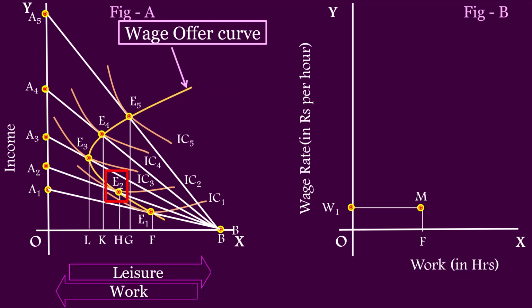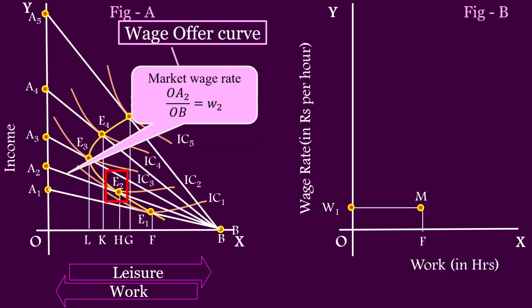At equilibrium E2, the wage rate is OA2 by OB, W2. The laborer supplies BH hours, that is H hours of work. HW2 is another point on the supply curve of labor.